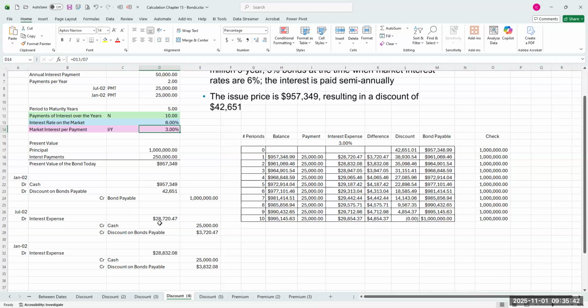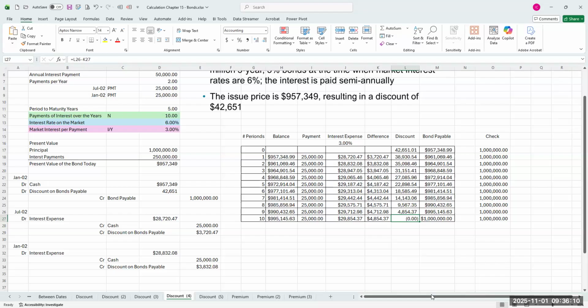That's why our interest expense, as you can see in this case, will be higher than the cash that we have to pay. The difference goes to amortizing the discount on the bonds payable. The whole idea is that through the life of the bonds, you have to amortize the discount amount down to zero.